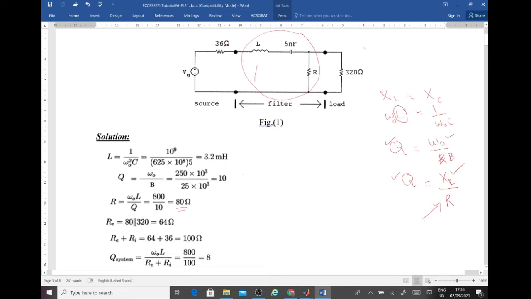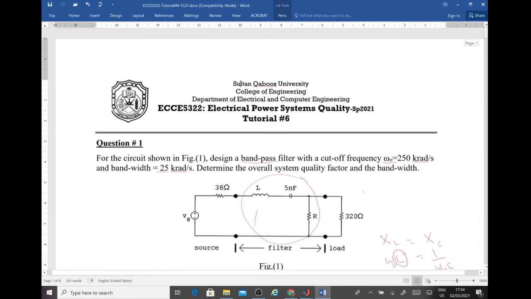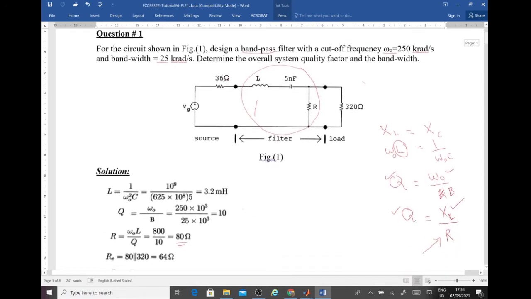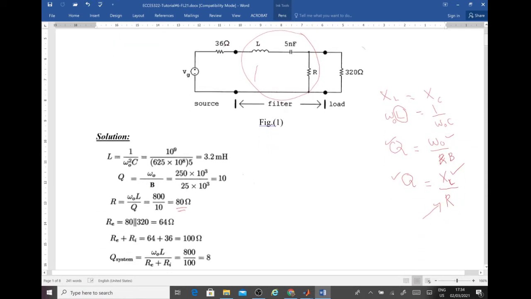Okay, and then of course we know the value of XL at the cutoff frequency. So we know the R, we know XL, and then we can calculate the quality factor for the whole system, as it is mentioned over here. And of course also we can calculate the bandwidth by using the equation that bandwidth will be equal to omega naught divided by quality factor.